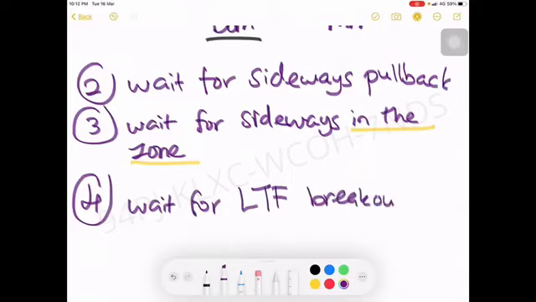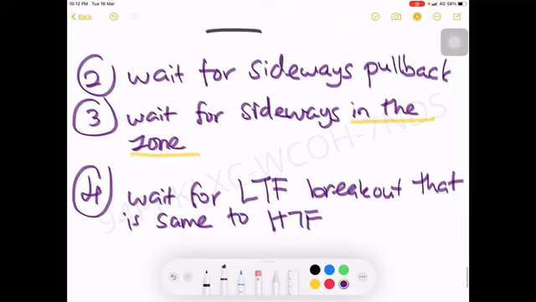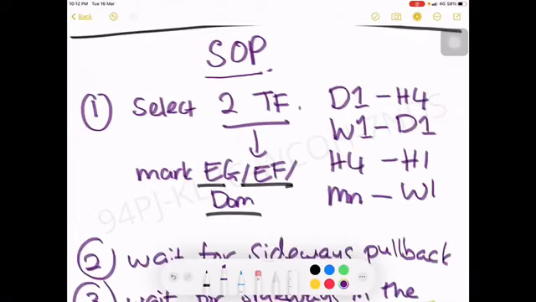And number 4, wait for lower time frame breakout.